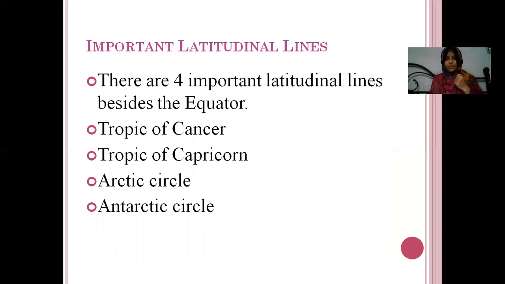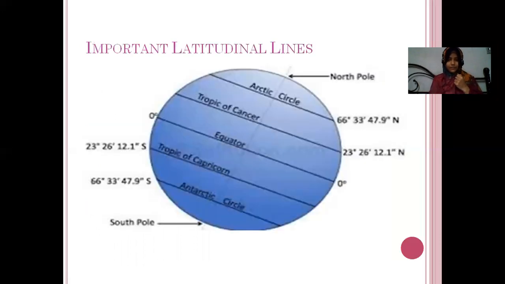Here are some of the important latitudinal lines you should know. There are 4 important latitudinal lines besides the equator: Tropic of Cancer, Tropic of Capricorn, Arctic Circle, and Antarctic Circle. Let's see in this diagram. See, this is the equator, it lies at 0 degree. If we move towards the north at 23 degree, you can see Tropic of Cancer.